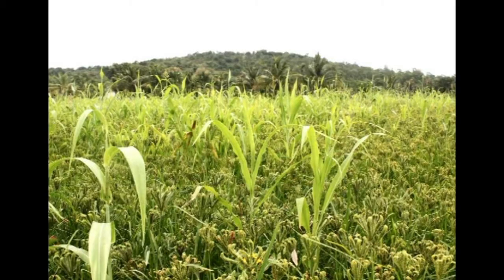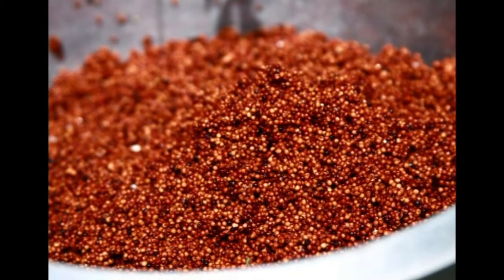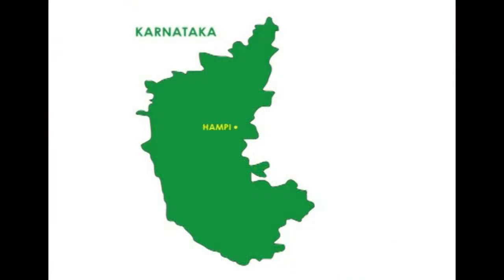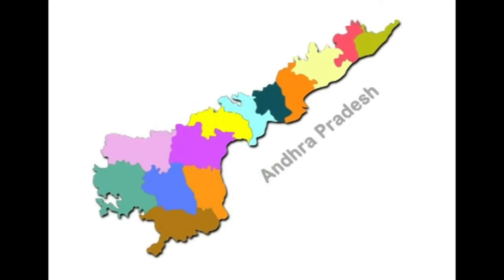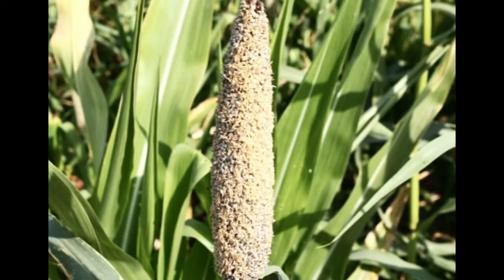Now, we consume first and foremost the finger millet, which is ragi. Now, this ragi is grown and eaten very popularly in states of India such as Karnataka, Andhra Pradesh and Tamil Nadu also, and it is eaten in various ways.